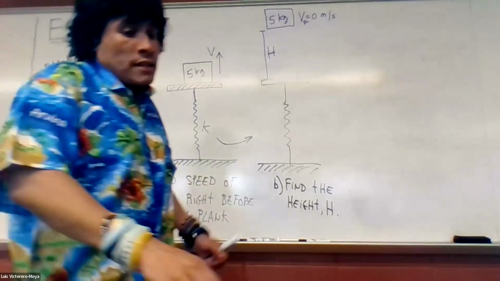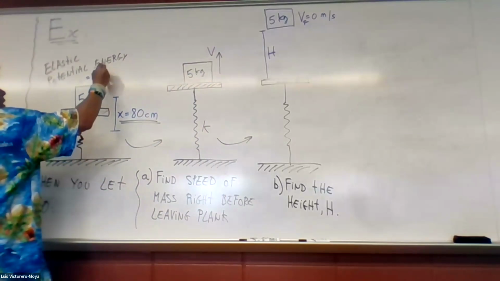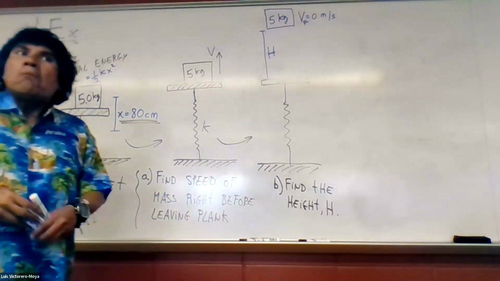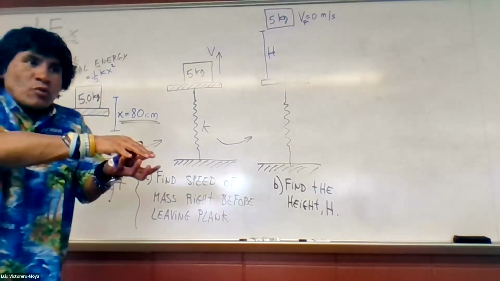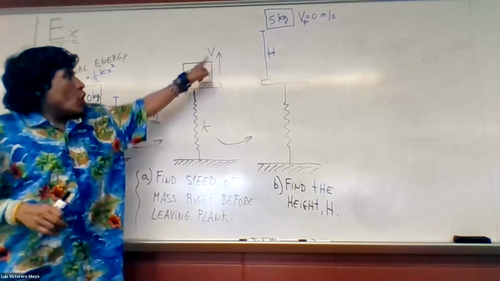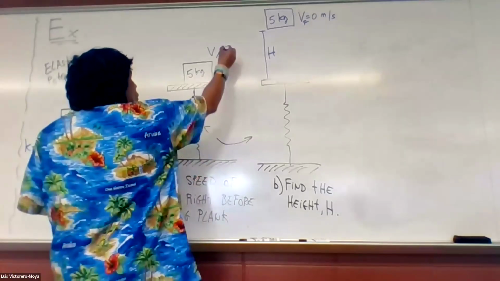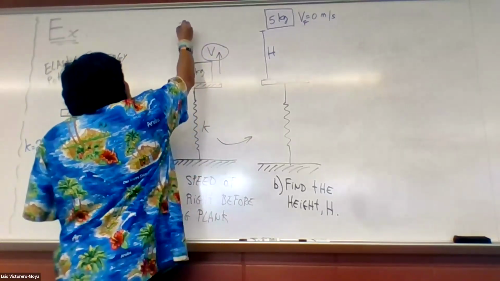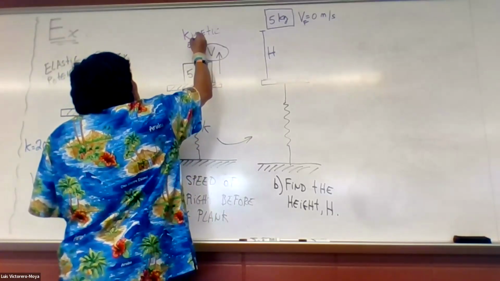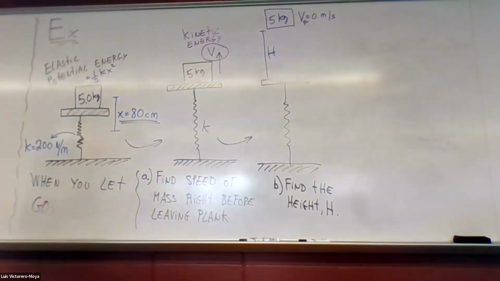So now you can say the elastic potential energy is 1/2 kx squared. I have k, I have x. I can find the elastic potential energy. When you let it go, the mass will jump. So the potential elastic energy is converted into kinetic energy.